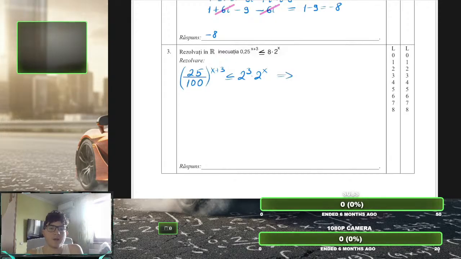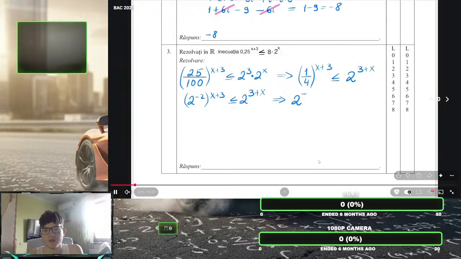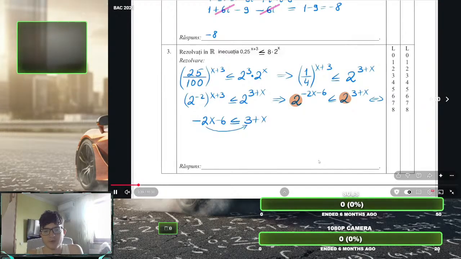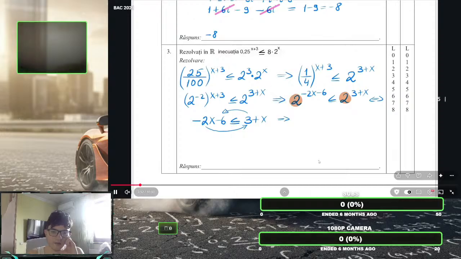How do you write down a base of 2? You write it down as 2 to the power of minus 2, multiplied by that. I did kind of 10,000 exercises with this thing. So we get this, we equalize the powers, we switch, like x goes to the left and stuff, right? So minus 3x is going to be equal with 9.